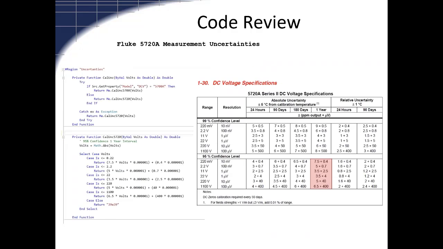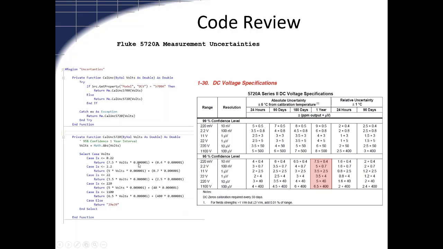So the next thing we want to do when we come in and QA things is look at whether our select case is doing what it's supposed to do. In here you can see there's a comment that says we're using the 95% confidence, 1 year interval. I pulled this out of the 5720 manual, and in the area highlighted in red you can see those numbers are matching. We've got the 7.5 parts per million value, and 0.4 microvolts is what we're going to put in there.